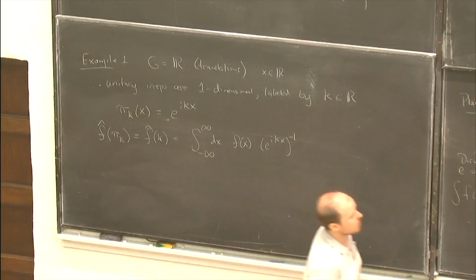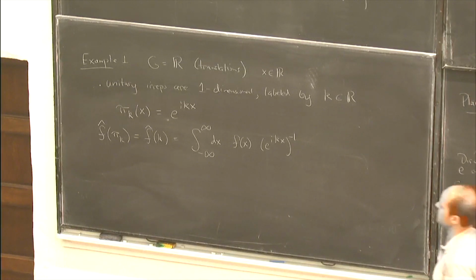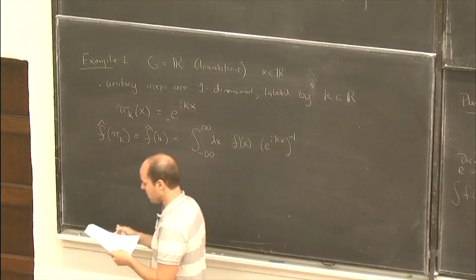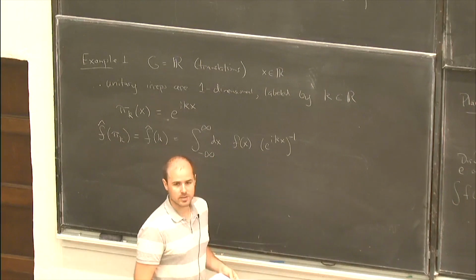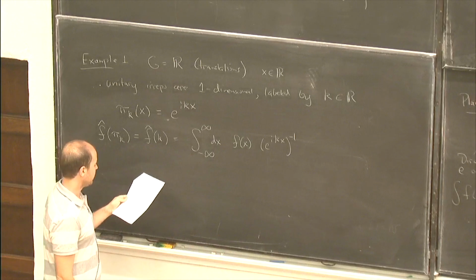These Fourier coefficients are matrices in the irrep, but here the irreps are one-dimensional, so the matrices are just numbers. So this is just a number. And of course, this is just the Fourier transform of the function f of x.